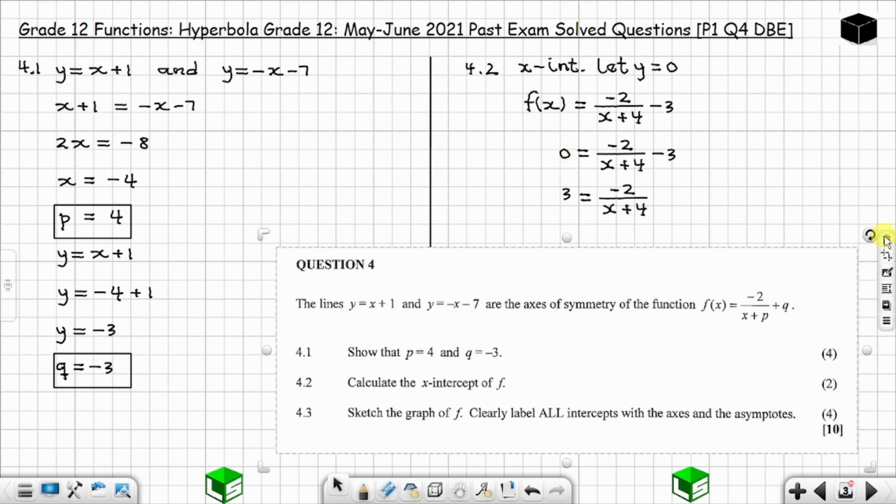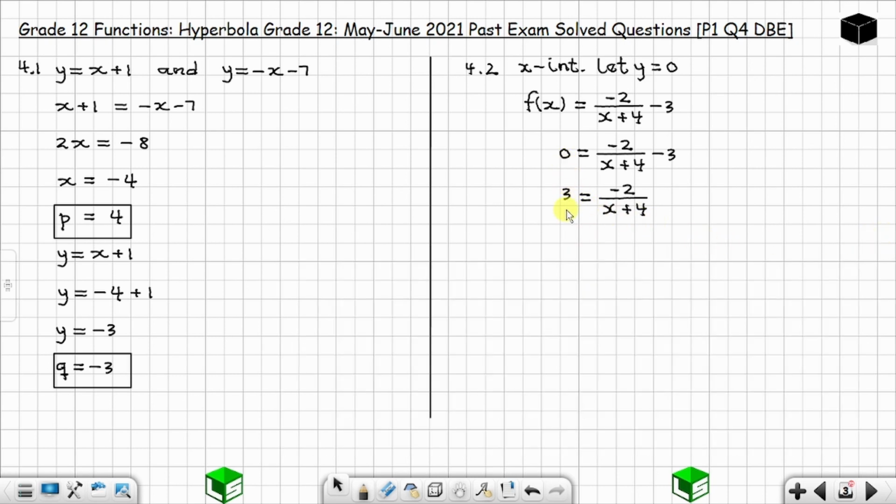Let me close this. So remember 3 is over 1. From here what you have to do is cross multiplication. So you have 3 times this is equal to 1 times this. So you have 3 times x plus 4 is equal to 1 times negative 2, which is negative 2, right? 3 times x is 3x. 3 times 4 is plus 12, right?